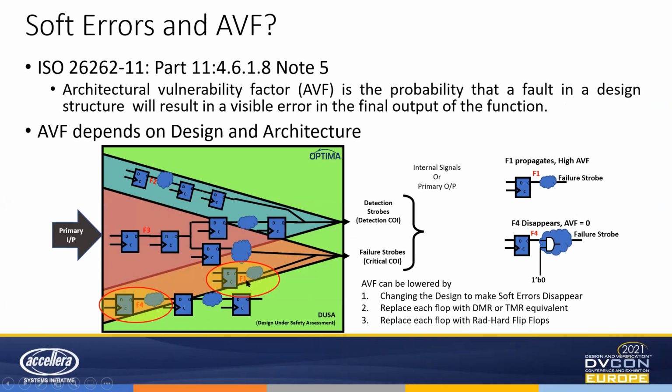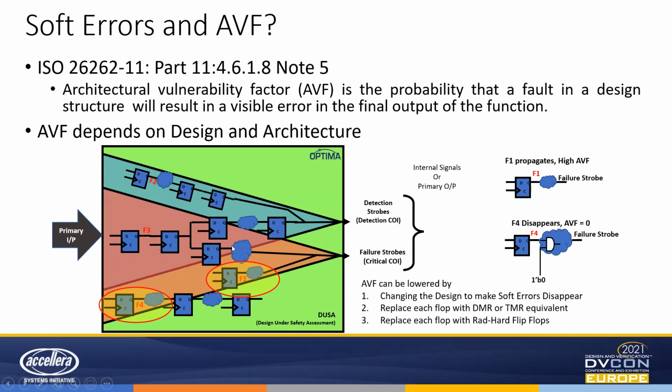F1 reaches only the failure strobe, so we have a status for the fault which reaches only the failure strobe. F2 reaches only the detection strobe. It's the same classification as previously. But what we are trying to do is inject a bit flip on the flops only, rather than like hard error where the fault is injected everywhere, right?